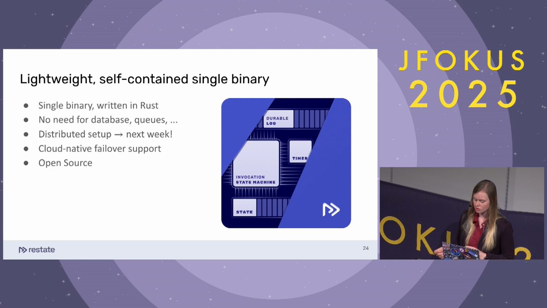So if you're interested in learning more, we'll be publishing some blog posts on the exact internals of the log. There are already a few on our blog, so if you go to our website, you will find some more information on that. So Restate is open source, so you can use it and self-host it. It's pretty easy to self-host since it's a single binary. So you can just download it locally and try it out pretty easily.